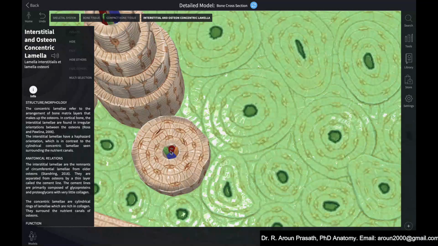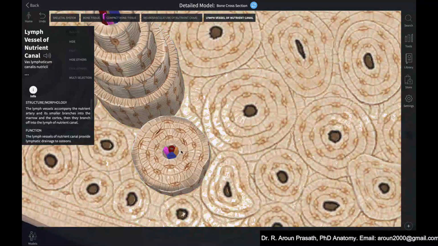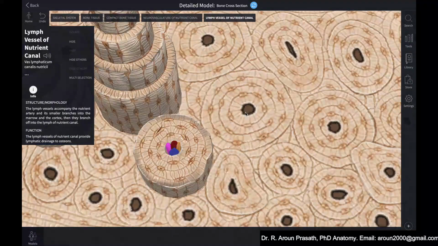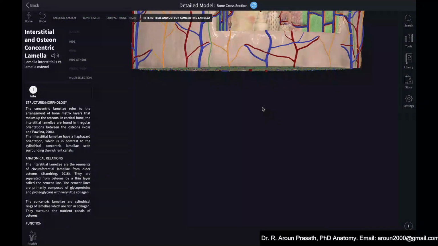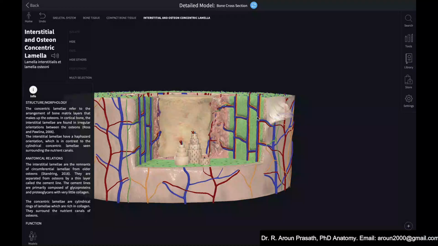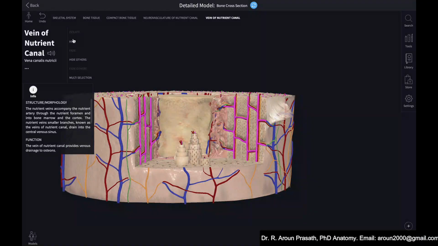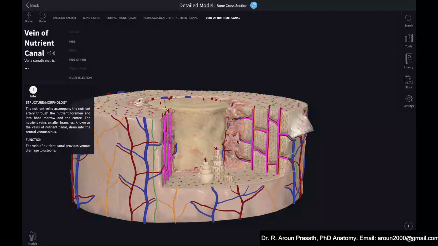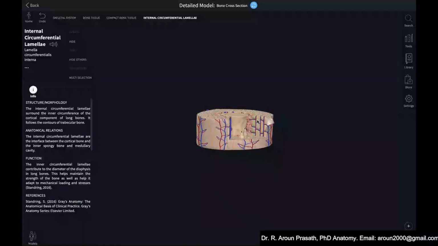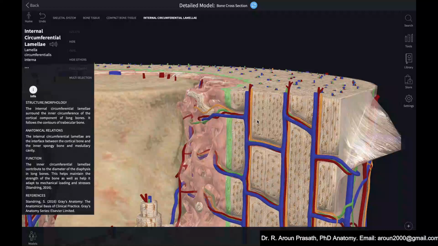At the center there is a hole, like a canal. If you see, this canal is coming all the way down. This is called the Haversian canal.